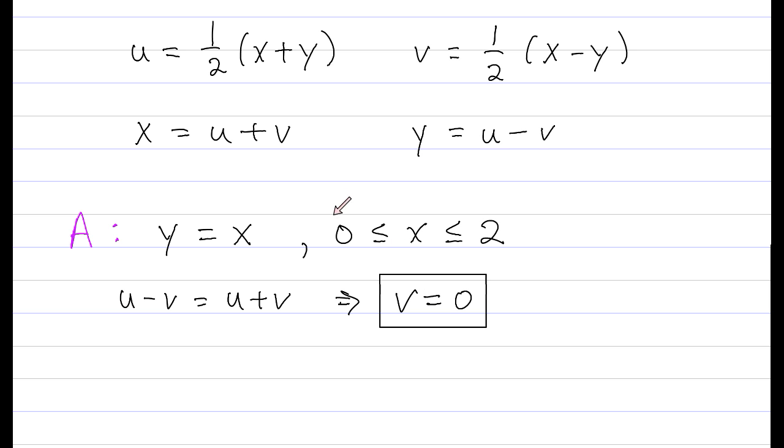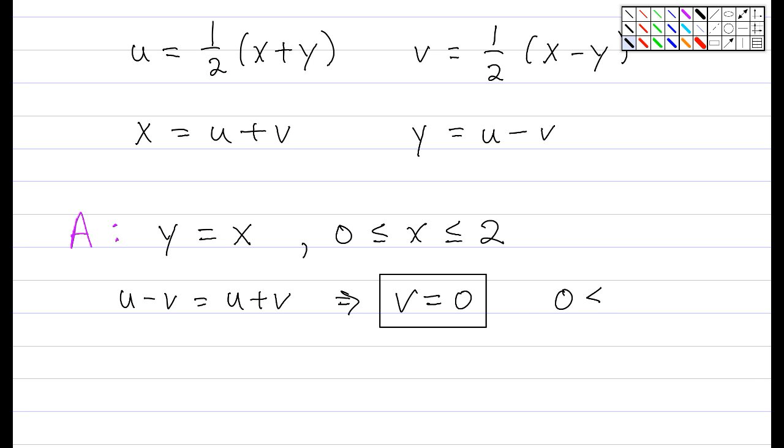Well, look at this. If v is equal to 0, then I can put 0 in here for v, and I just get x equals u. Well, that's kind of nice. If x goes from 0 to 2, that must mean that u also goes from 0 to 2.